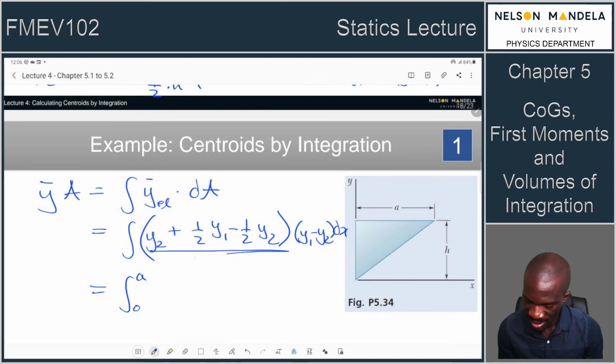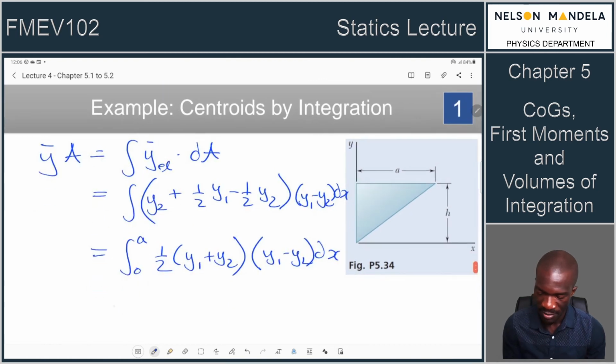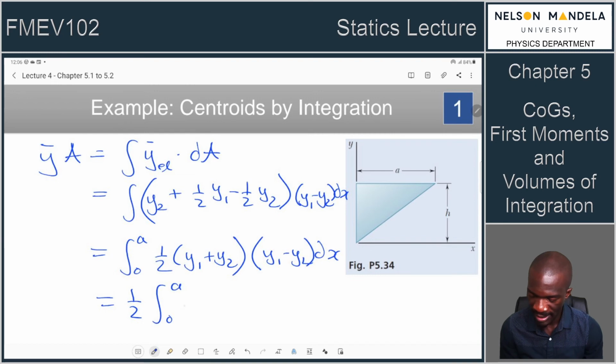And then this part can simplify because you've got y2 minus half y2. So you've got a half y1, and then plus half y2. So we can write it as half into y1 plus y2. Then you've got your y1 minus y2 dx. Then your half can go out of the integral. y1 plus y2, y1 minus y2.